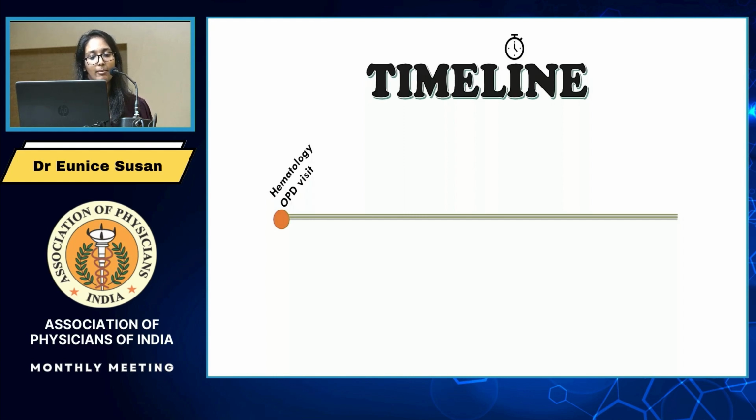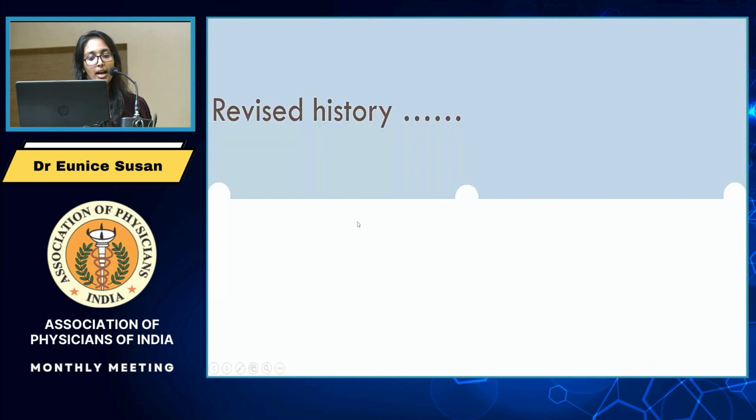Coming back to our timeline, patient was then admitted under medicine with the same complaints for further evaluation. At this time, we had taken a revised history of the patient, and the revised history showed two important points.